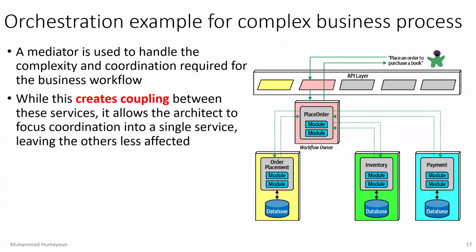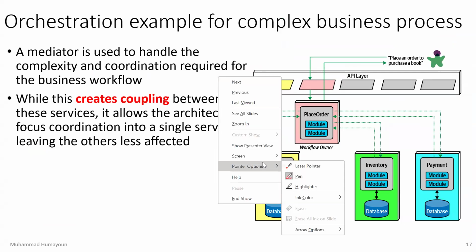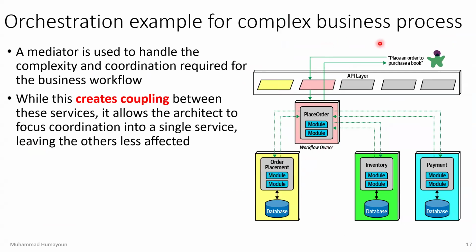Now let us talk about another example of orchestration process. So it is also a complex process that we are dealing with, like place an order to purchase a book. And then in orchestration, as we discussed before, you got one workflow owner, and this one is actually a mediator in between. So this place order communicates with multiple microservices like order placement, inventory, and payment.